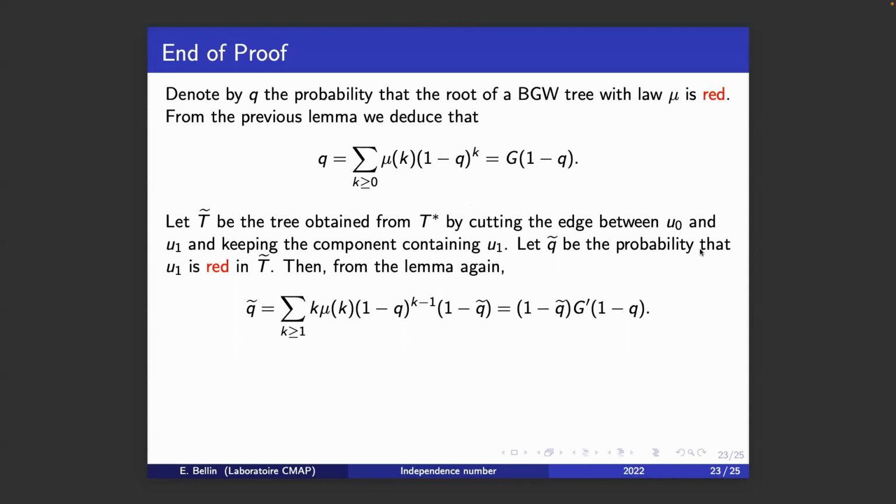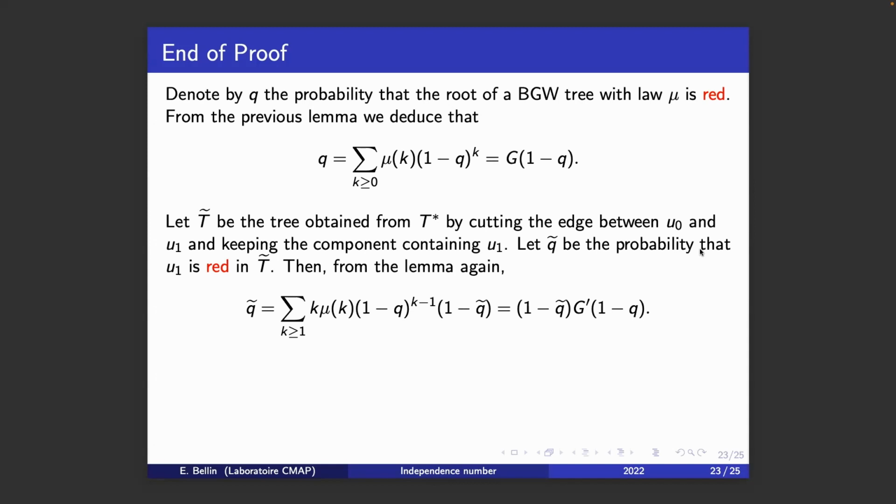So we use the same good property. q tilde is just the probability of having k children, which is mu hat of k. And remember that mu hat of k is k mu k. Among those k children, you have k minus 1 children that reproduce like a regular Bienaymé-Galton-Watson tree, so (1 minus q) to the power k minus 1.